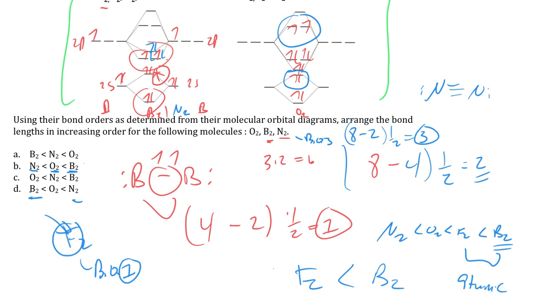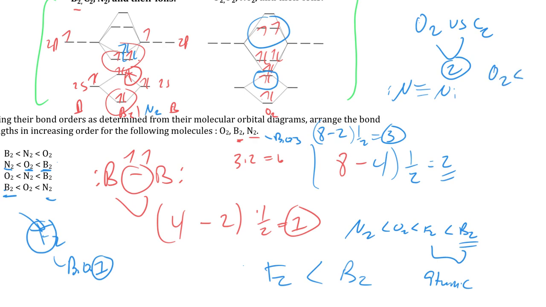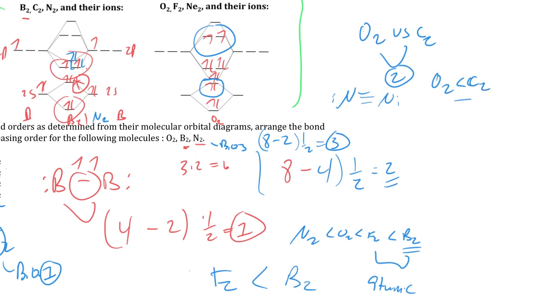So if you're comparing like O2 and C2, O2 and C2 are both doubles. They both have bond orders of 2. You're then looking and saying, well, oxygen's smaller. So then O2 should be shorter than C2.